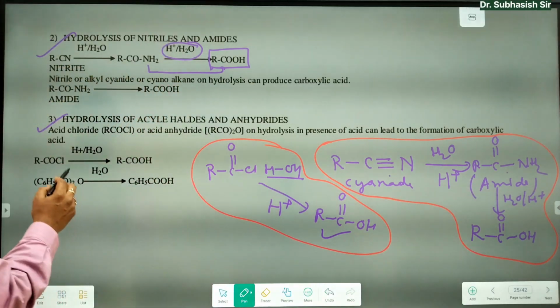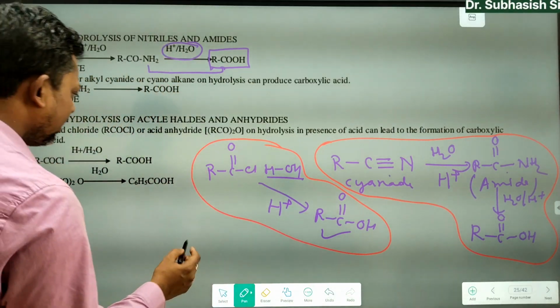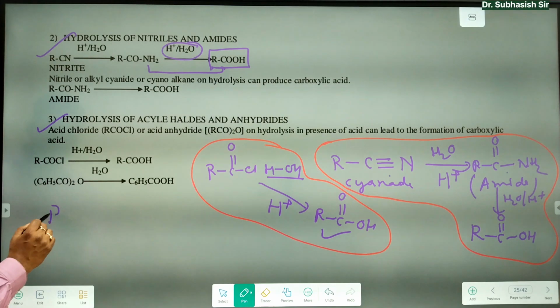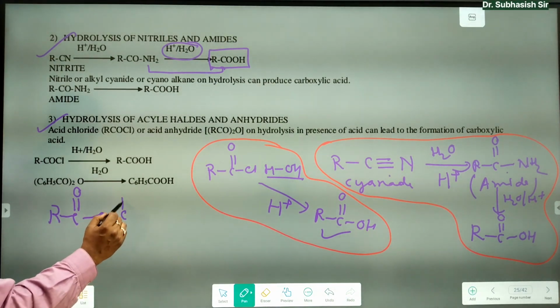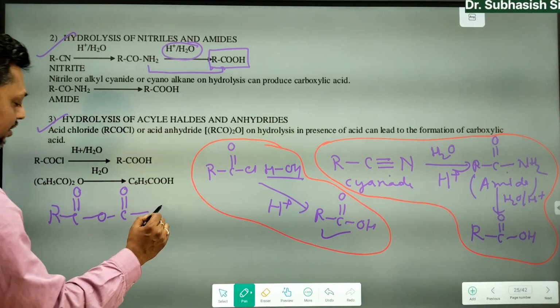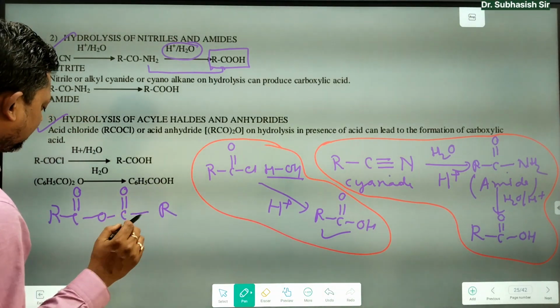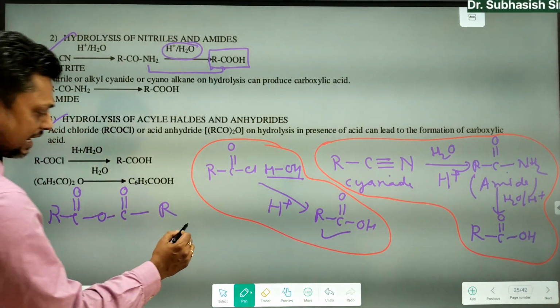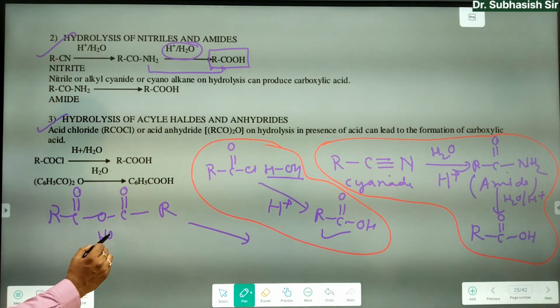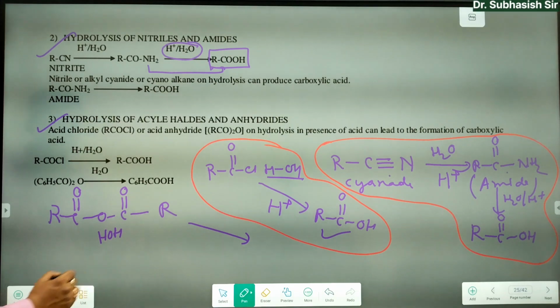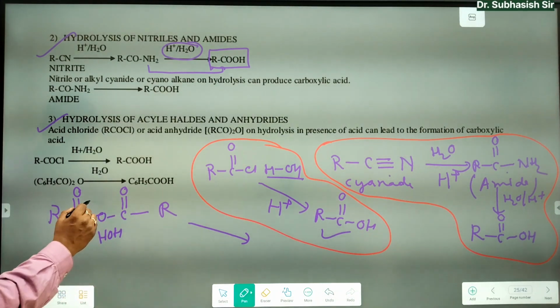Okay, so in another method, you can prepare carboxylic acid from acid anhydride even. What is acid anhydride? I already discussed with you in the first lecture. Here this acid anhydride, if you hydrolyze, you will get carboxylic acid, right?